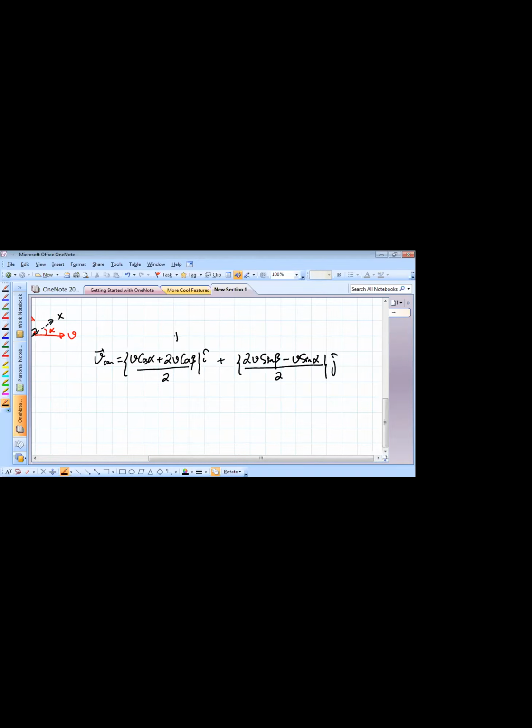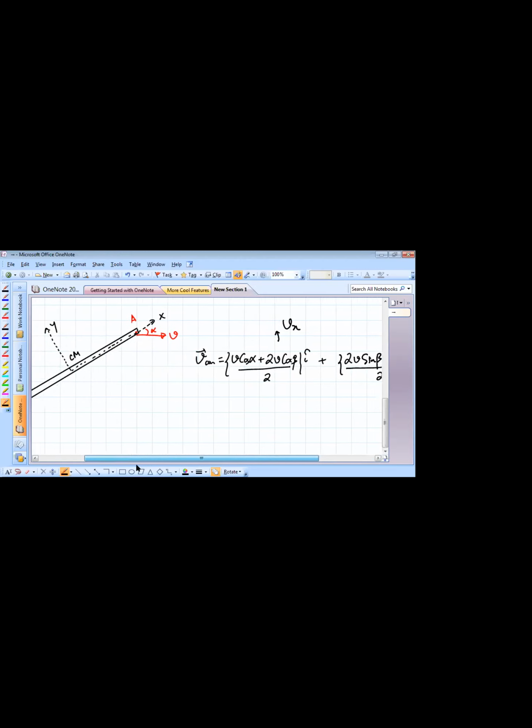So this is some kind of Vx that the center of mass has, and some kind of Vy. Okay.